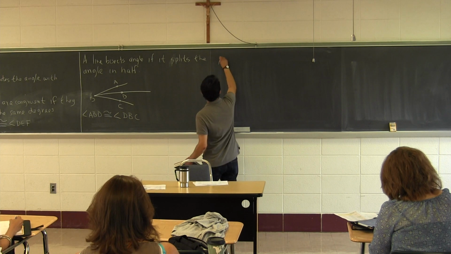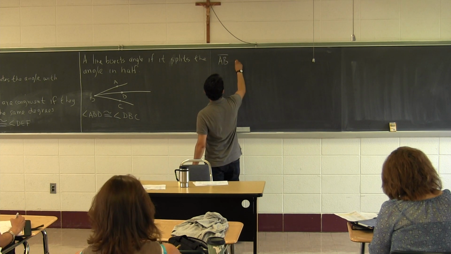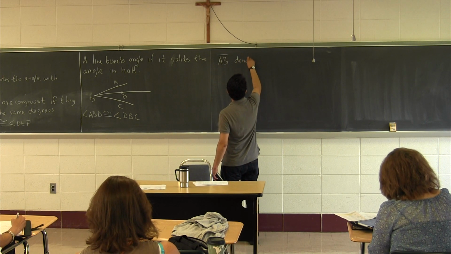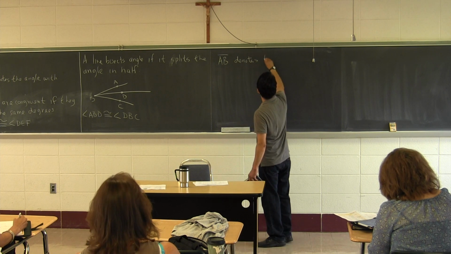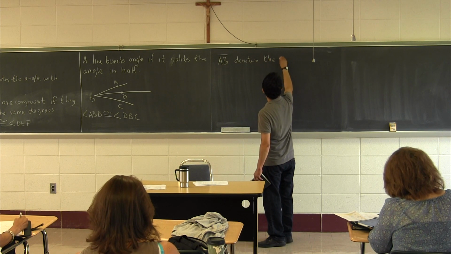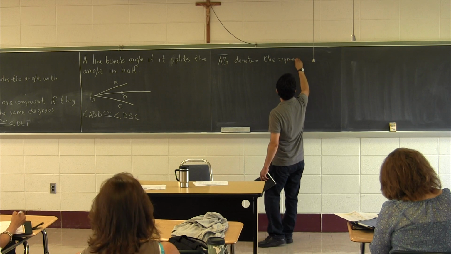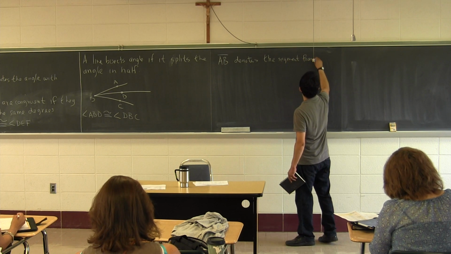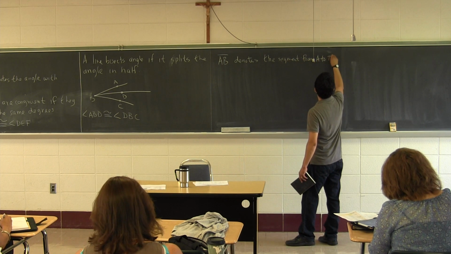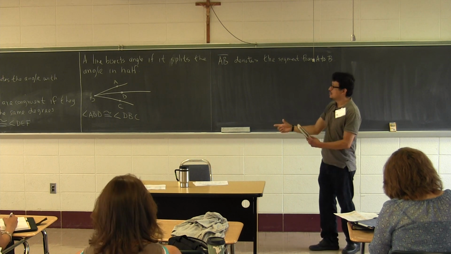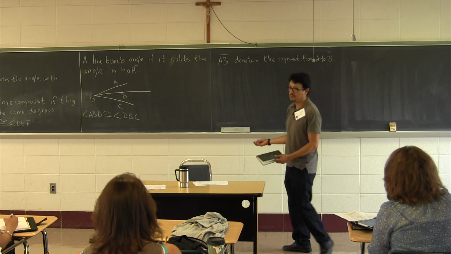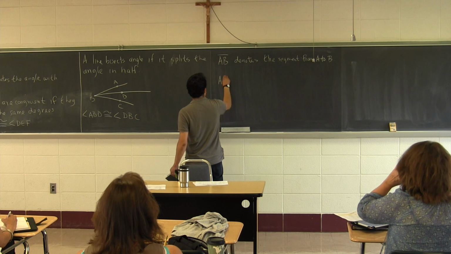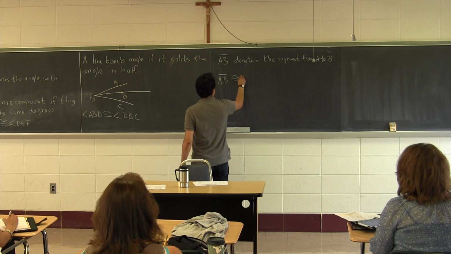Equation. This symbol denotes the segment from A to B. And two segments are congruent if they have the same length. We're going to denote it by this.